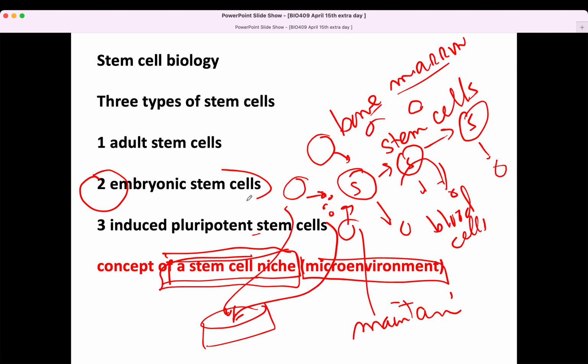So embryonic stem cells have a microenvironment. It's the early embryo as it's moving down the fallopian tube toward the uterus. Adult stem cells have a microenvironment like the muscle satellite stem cells, and our muscles are surrounded by cells that are helping them be stem cells and helping them in their developmental roles.